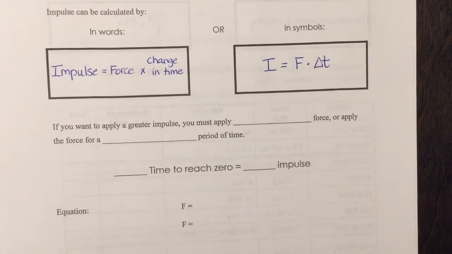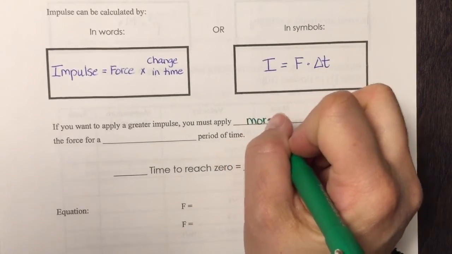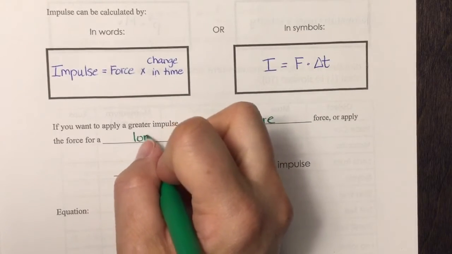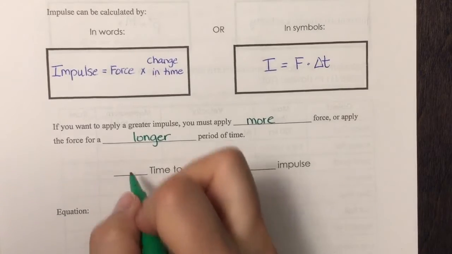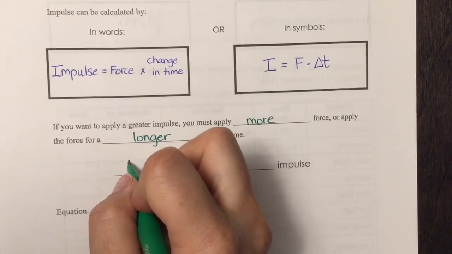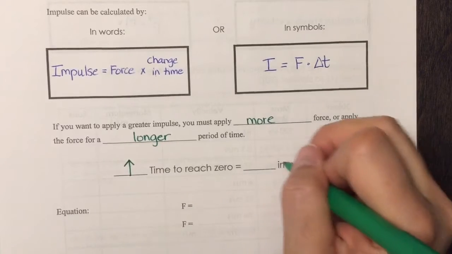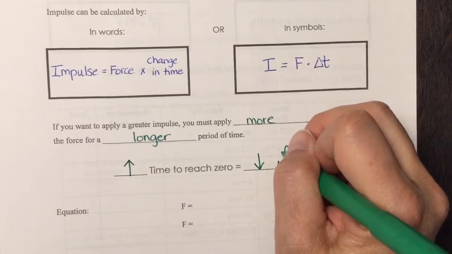If you want to apply a greater impulse, you must apply more force or apply the force for a longer period of time. So what we're saying is that if we increase the time it takes to reach 0, we decrease the force.